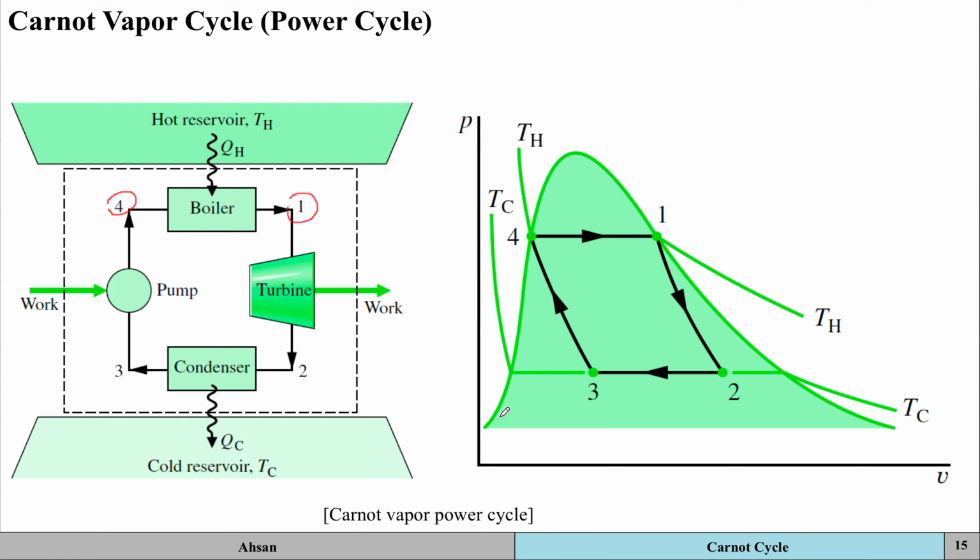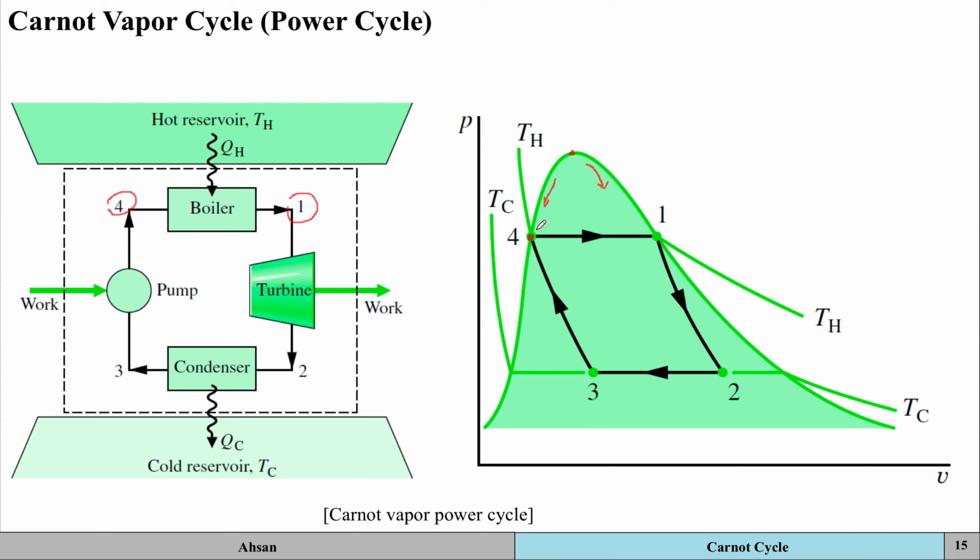Okay, so you've got this curve, and let's say a critical point over here. To the left side of this critical point you've got the saturated liquid line, and to the right of this point you've got the saturated vapor curve. So if you had a state on this side of the curve, it would be completely liquid.